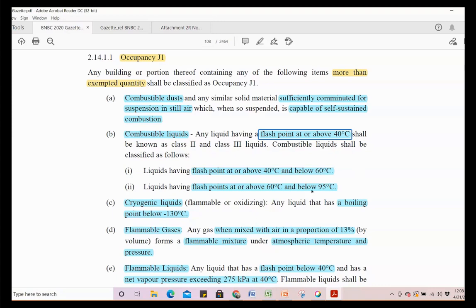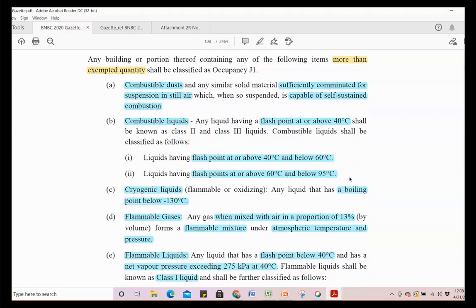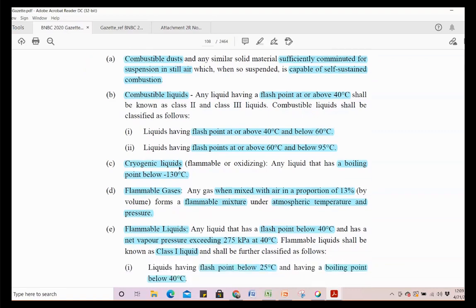Why it is 60 degrees or 95 degrees Celsius depends on the chemical property of that particular liquid, but this is the matter of experts. We don't go into detail, but we can have an idea at least that this is the 40 to 60 degree range, and this is the 60 to 95 degree range.